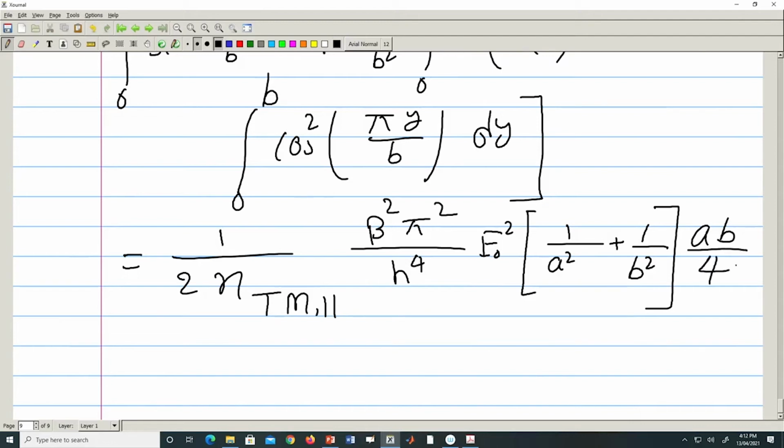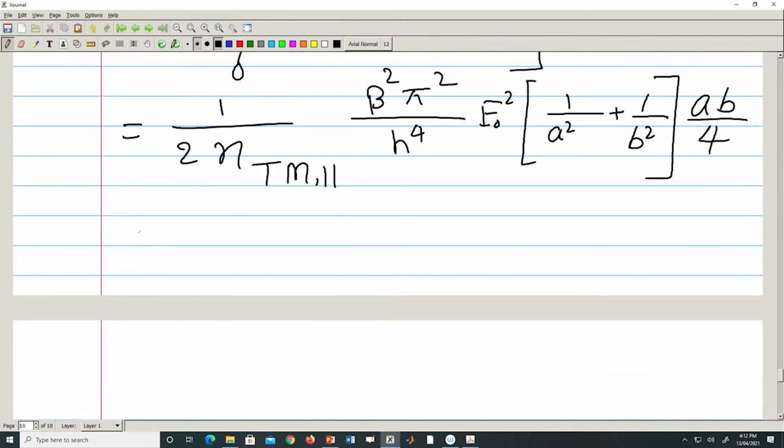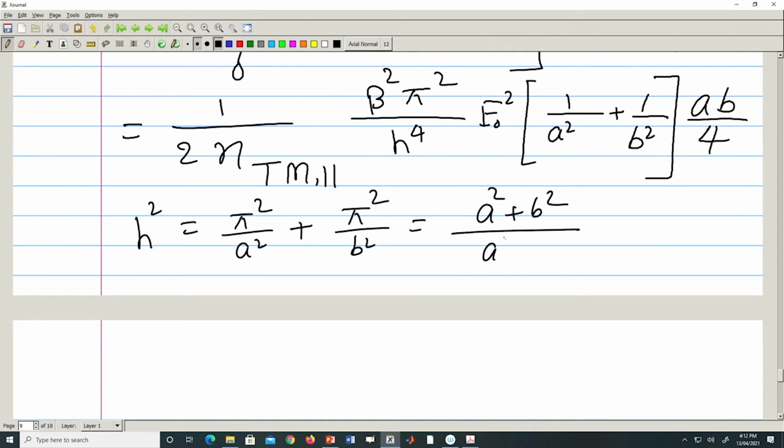And because h square is pi square by a square plus pi square by b square, this will be a square plus b square by a square b square, into pi square. We can substitute all these values there, and we will get the average power.